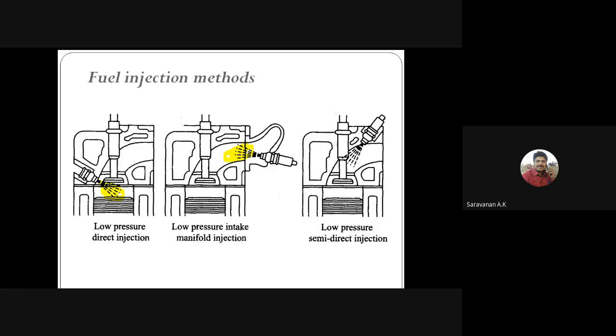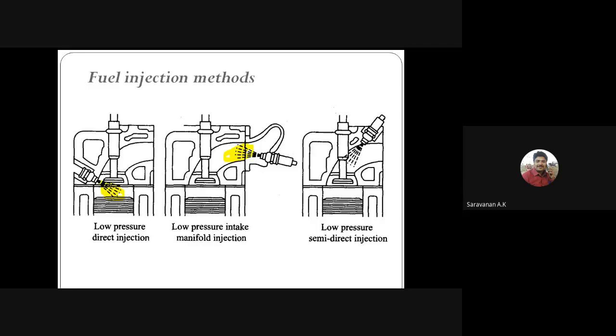The speed and load conditions are identified by sensors. The sensors give the information to the electronic control unit, which controls the fuel injector, so that the injector sprays the fuel in a controlled manner.